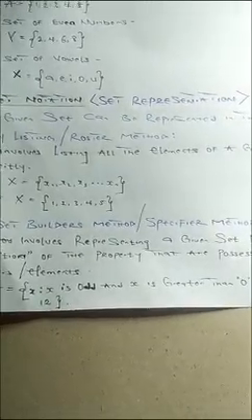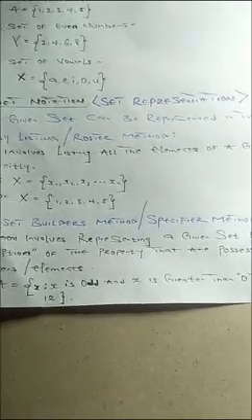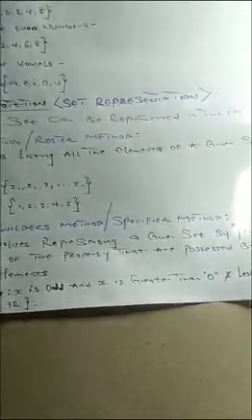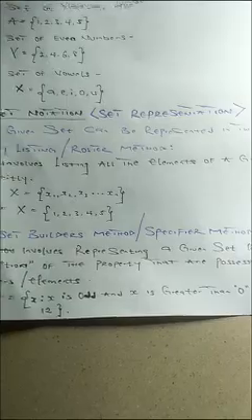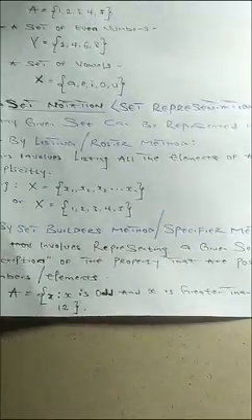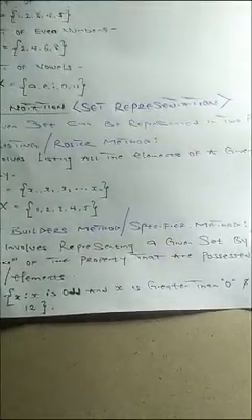All odd numbers. That means all the numbers inside x are odd, and x is greater than 0 and less than 12. That means all odd numbers that are greater than 0 and less than 12. Now, what are those odd numbers?